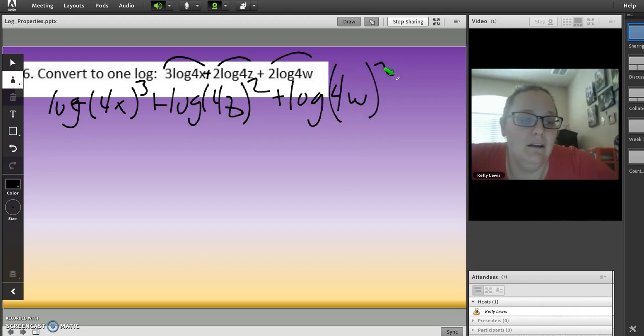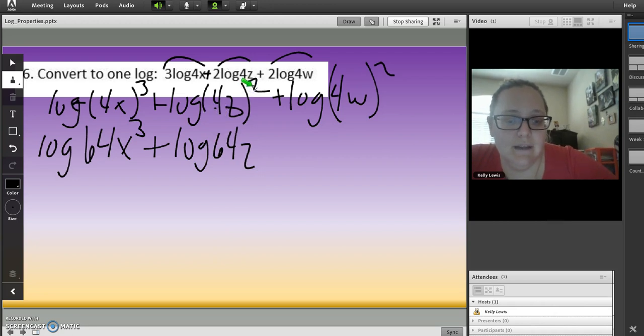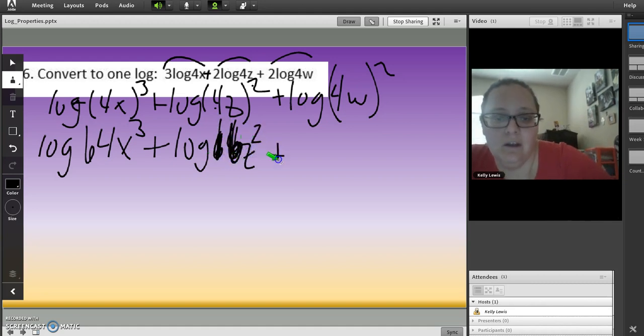All right, log 4x cubed, so 4 times 4 times 4 is log 64x cubed, plus log 16z squared, 4 squared this time, this should be 16, and this is also squared, plus log 16w squared.